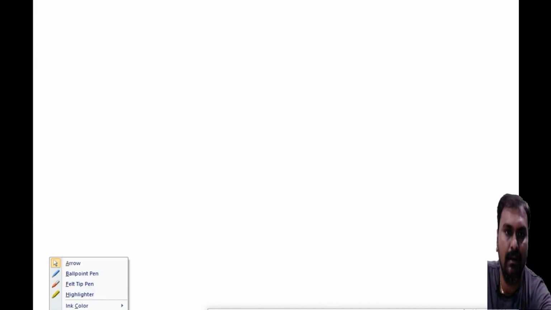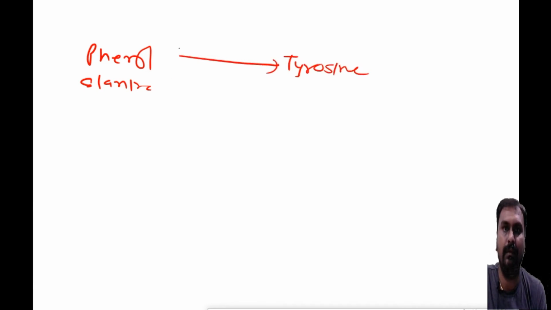So I draw that reaction, that is phenylalanine converted to tyrosine with the phenylalanine hydroxylase enzyme, and oxygen is converted to H2O.